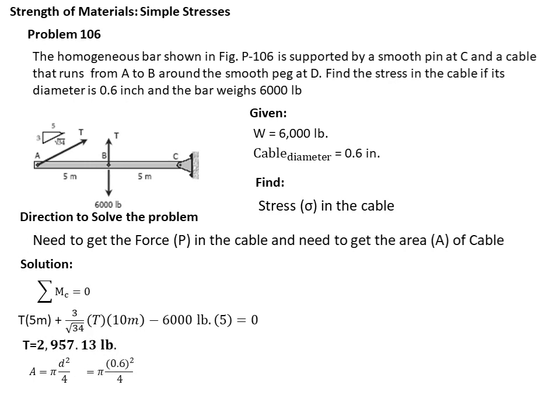Okay, and then direct substitution, pi times 0.6, the diameter, squared over 4. So we can get the area of 0.283 square inch. So we already complied with the direction. We need only to get the stress.